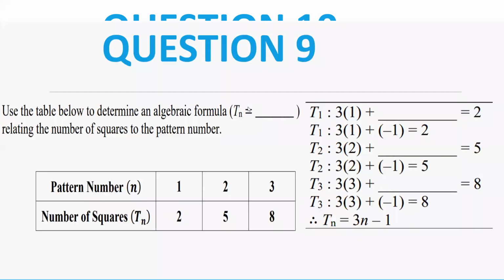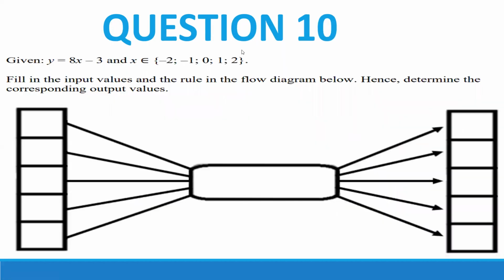Okay, let's continue with the next one and last one for today. So the last question, an easy one now: y equals 8x minus 3. If x is negative 2, negative 1, 0, 1, and 2, get y for each. So we are just using our numbers.